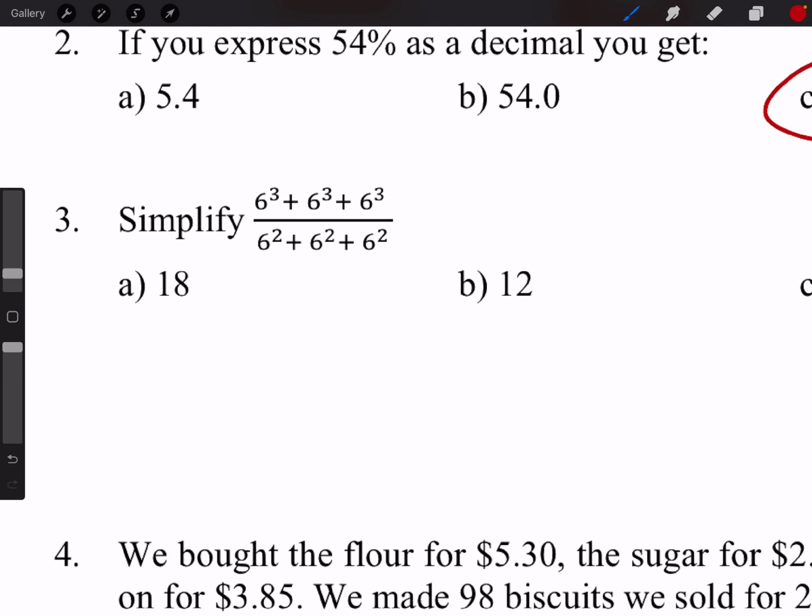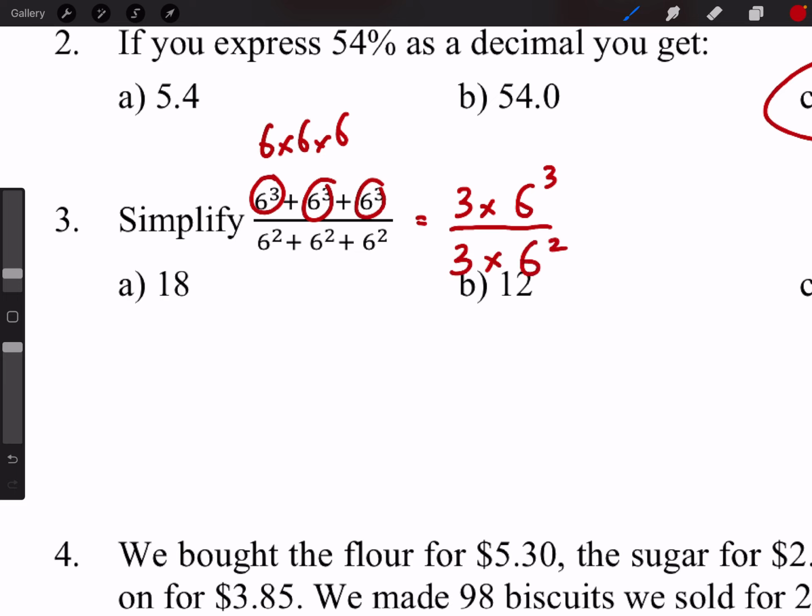Simplify. Okay, simplify. This is 3 lots of 6 to the power of 3. Now, 6 to the power of 3 just means 6 times 6 times 6, and you got 3 lots of it. So 3 times 6 to the power of 3 over 3 times 6 to the power of 2.